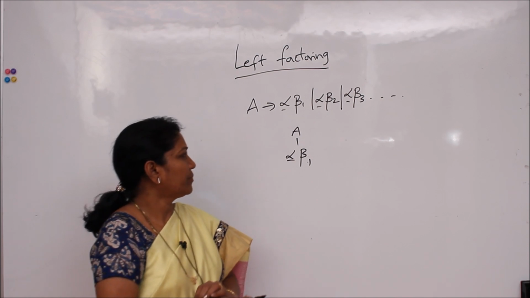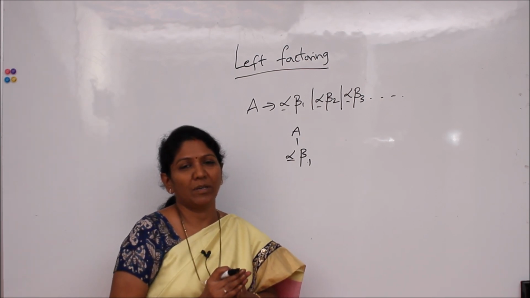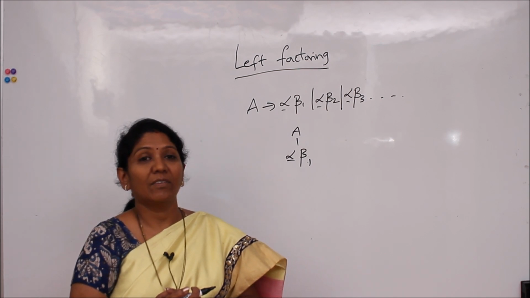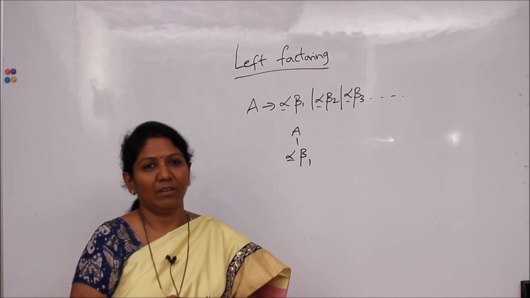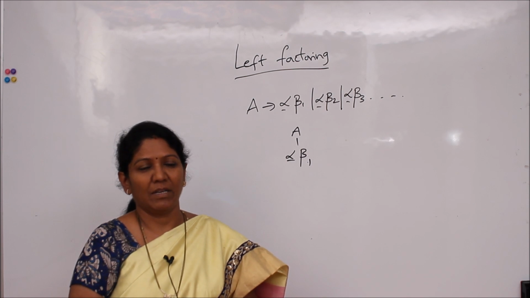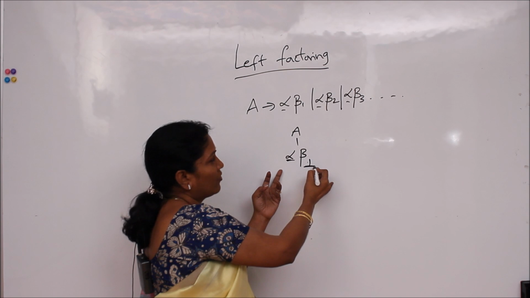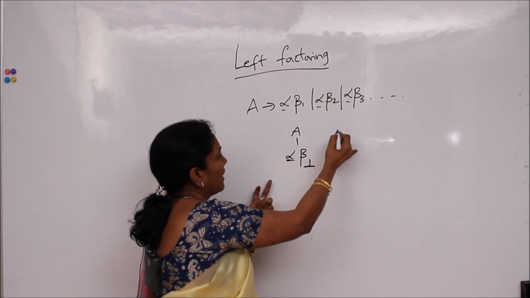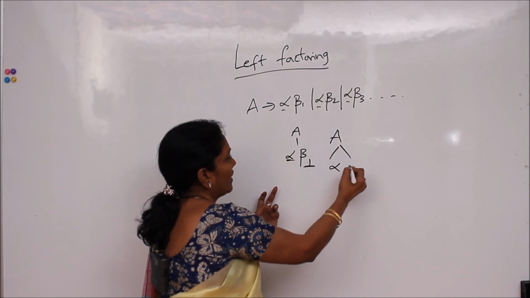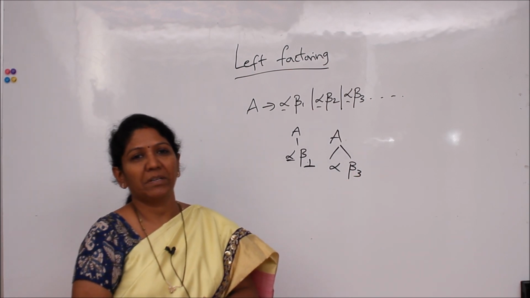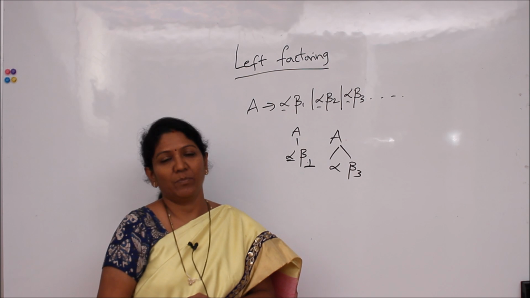So whenever there is a common prefix, it may require a sort of backtracking for the parser, because it starts with alpha. Once it realizes this is not the right choice, it may have to backtrack and go with the next alternative. Remember, in computer science, backtracking is a very costly procedure.